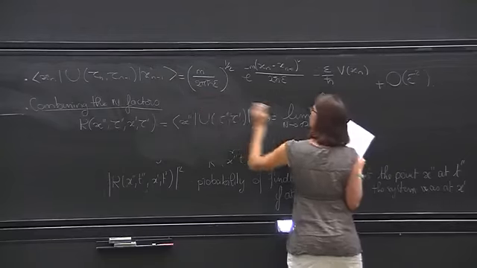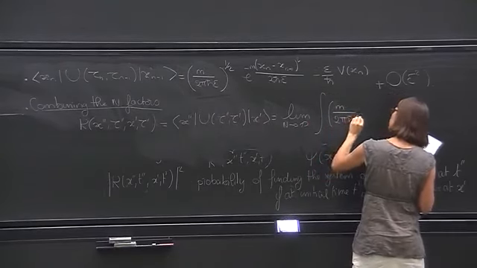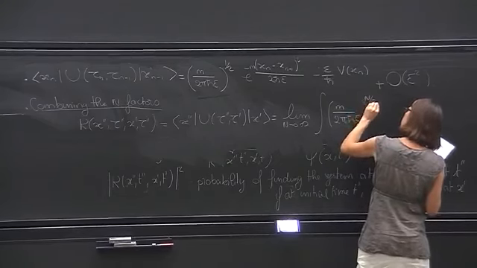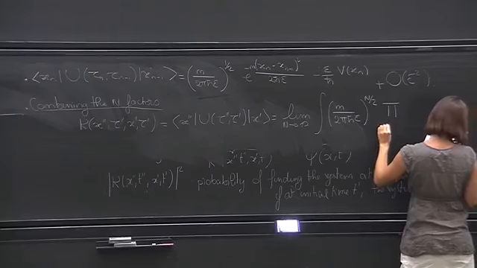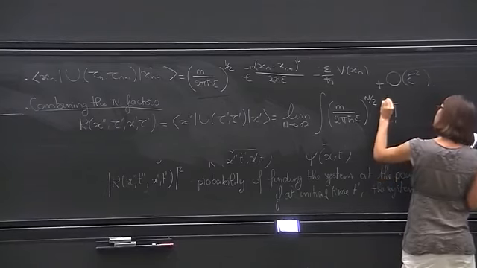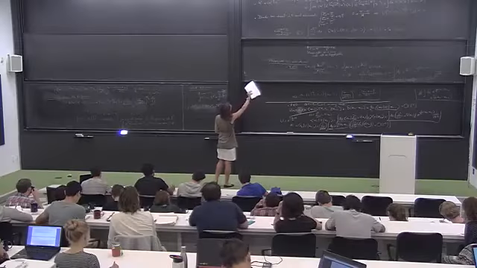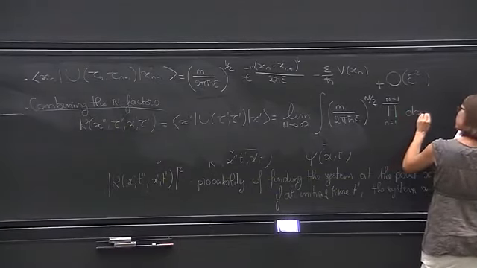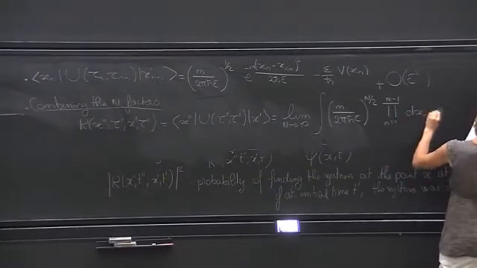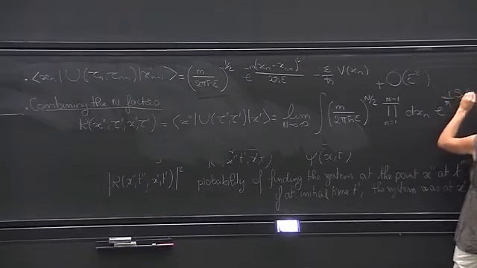So now I'm going to have m times this factor, and I have a product from i equals 1 to n minus 1 of the x_n.